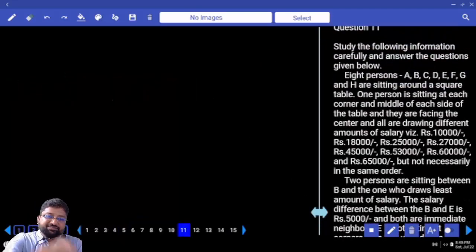Look at this question here. A, B, C, D, E, F, G, H are sitting around a square table. One person is sitting at each corner and middle of each of the sides of the table, and they are all facing the center. All are drawing different amounts as salary. First is 10,000.